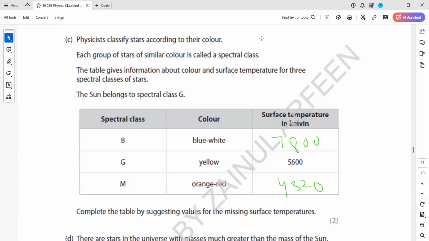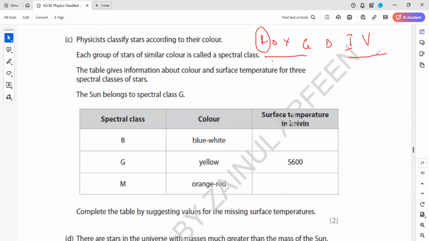Remember one thing, the color intensity depends on the temperature of a star. Like we have violet, indigo, blue, green, yellow, orange, and red, or we write it the other way around, VIBGYOR. So if the temperature is low, then it will appear in this region.